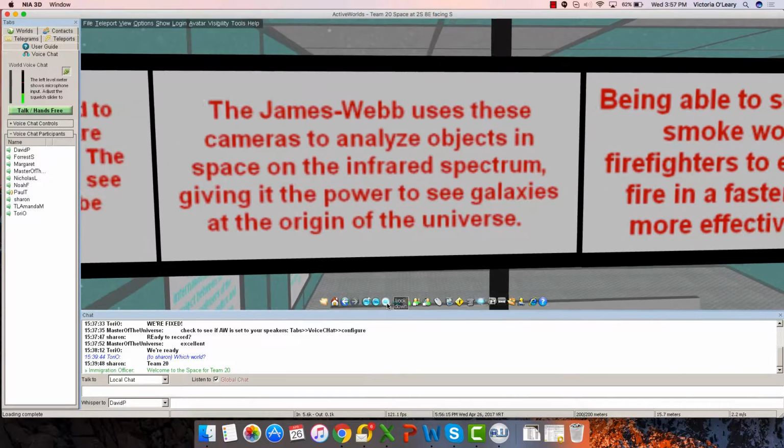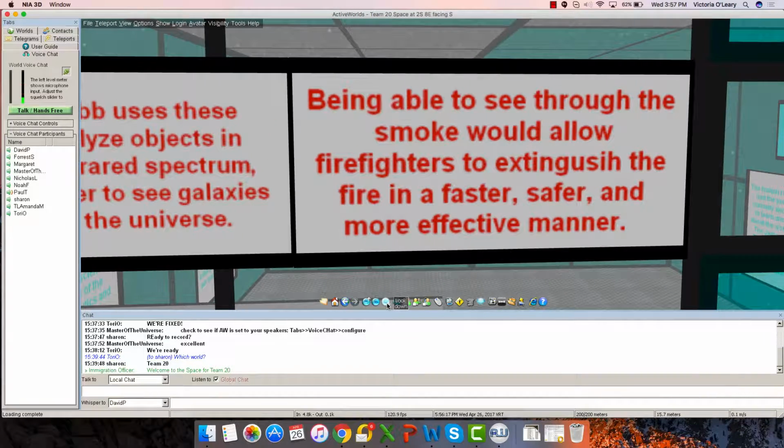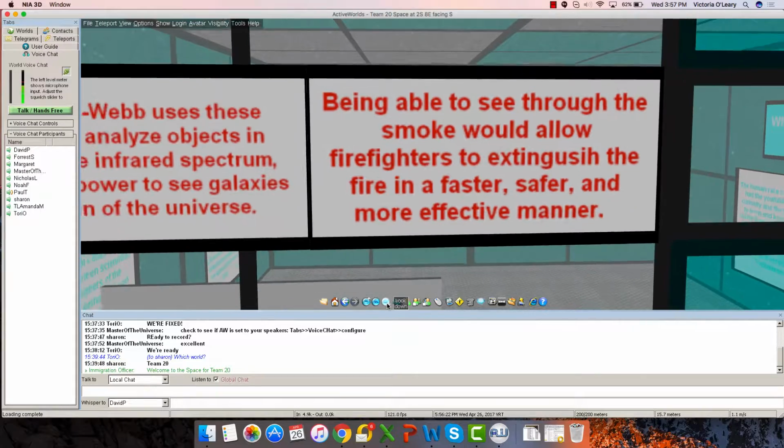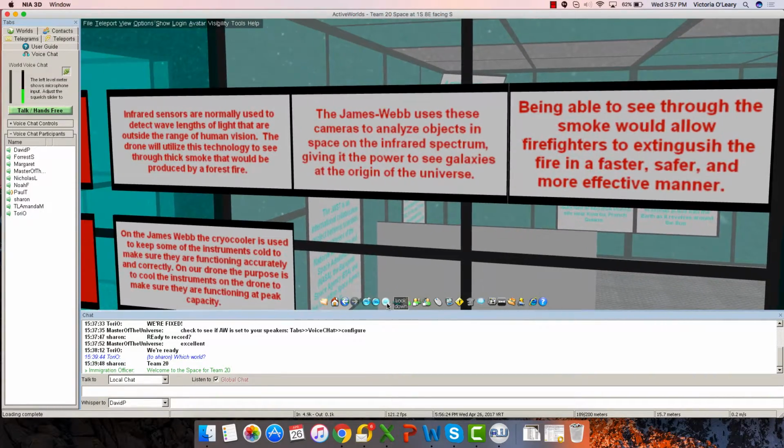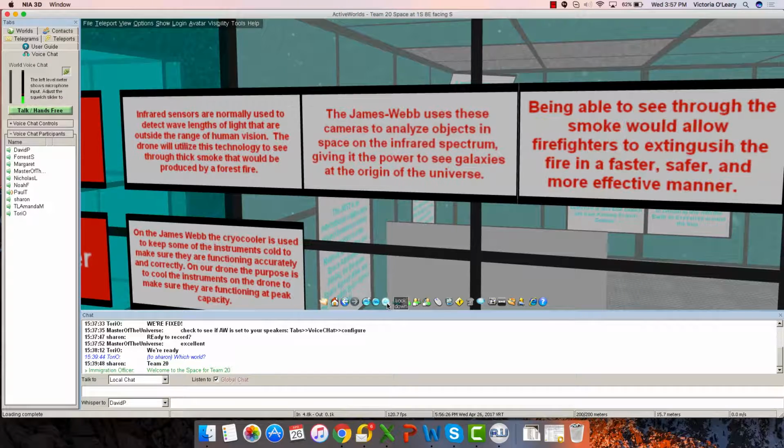Normally on the James Webb Space Telescope, as Nick mentioned earlier, they're used to see galaxies that are moving on the infrared spectrum more clearly than the Hubble can.